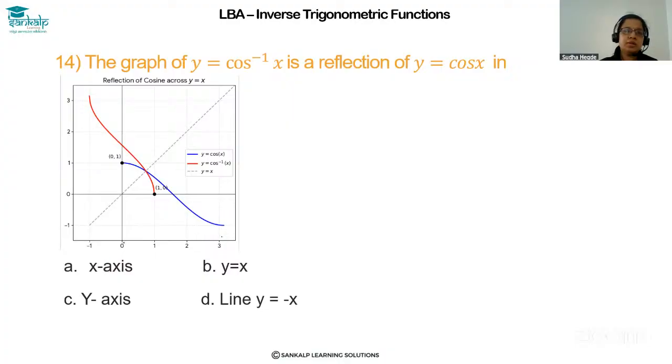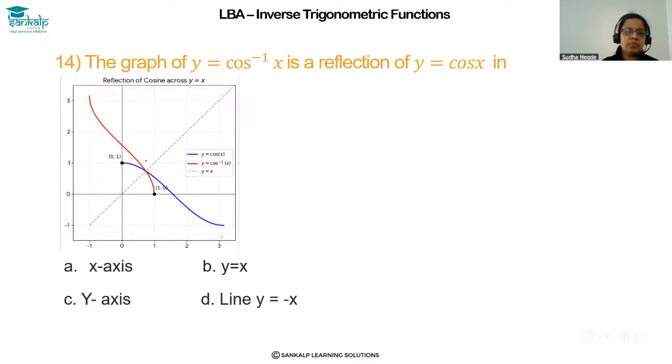Hi students, the question is the graph of y is equal to cos inverse x is a reflection of y is equal to cos x in: option A, x-axis, option B, the line y is equal to x, option C, y-axis, option D, line y is equal to minus x.